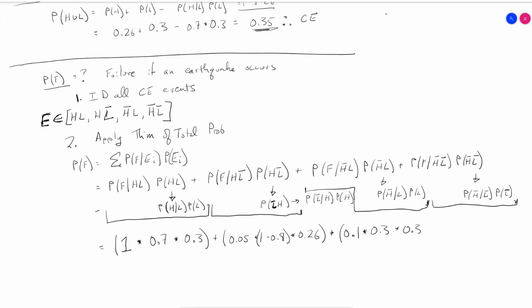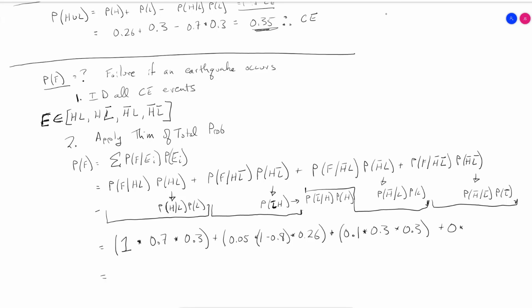And then finally, we come over here and we've got this term. So the probability of failure given low intensity and short duration, that was said to be 0 in the problem. So that's 0 times stuff. At this point, we don't care about that stuff because it's all 0.